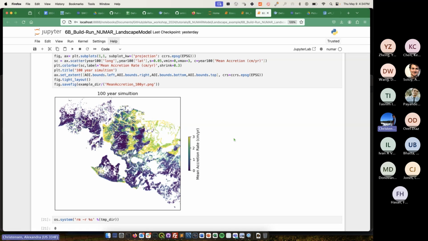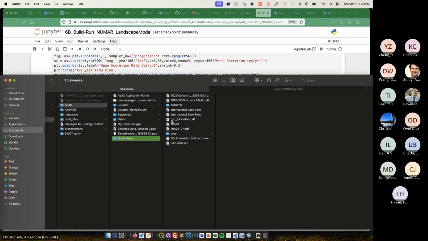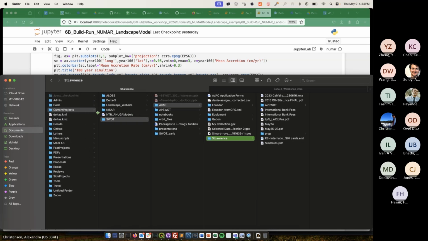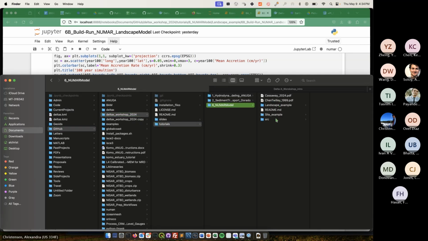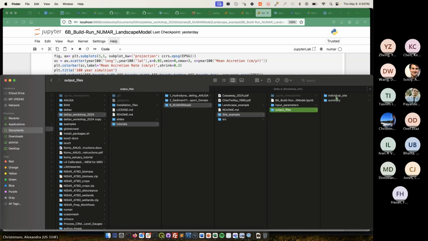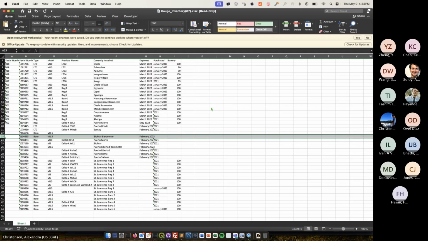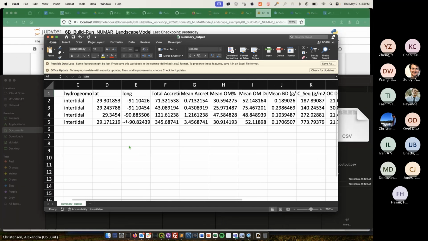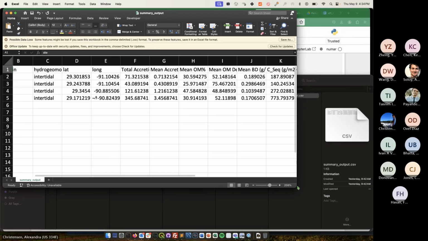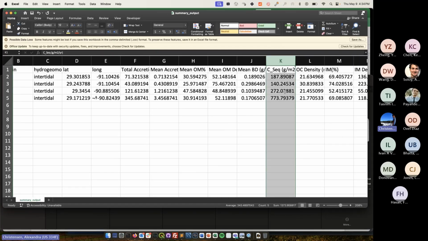You can actually pull off site values, site parameters, from the model. You want the output for the organic carbon density, OC density.